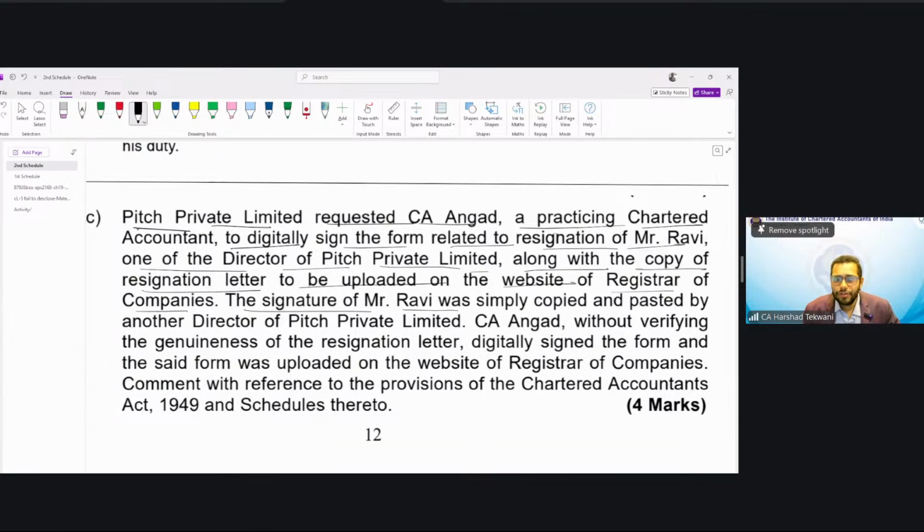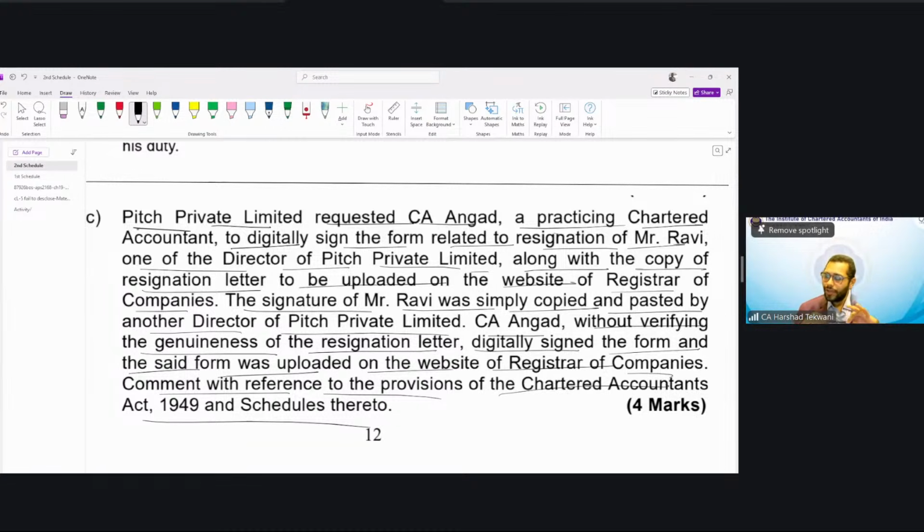The signature of Mr. Ravi was simply copied and pasted from another director of Pitch Private Limited. CA Angad, without verifying the genuineness of the resignation letter, digitally signed the form and the said form was uploaded on the website of the Registrar of Companies. Comment with reference to the provisions of the CA Act 1949.